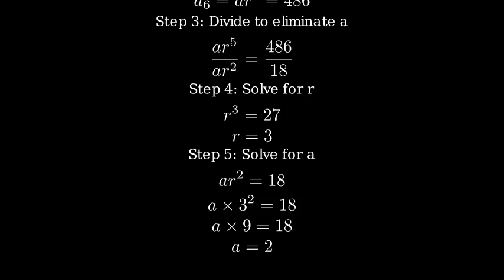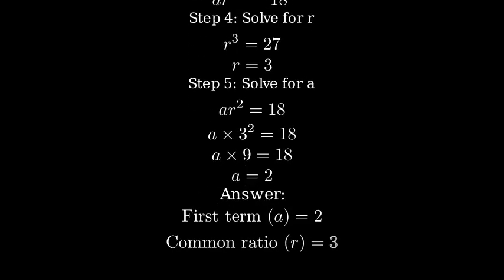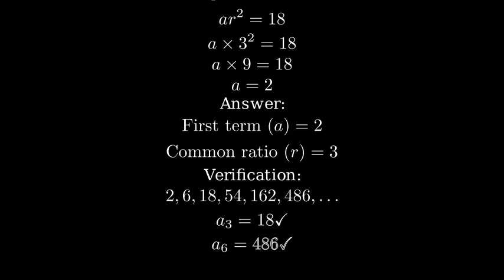So a equals 2. Therefore, the first term is 2, and the common ratio is 3. Let's verify. The geometric progression is 2, 6, 18, 54, 162, 486. The third term is 18, and the sixth term is 486, which matches our given information.